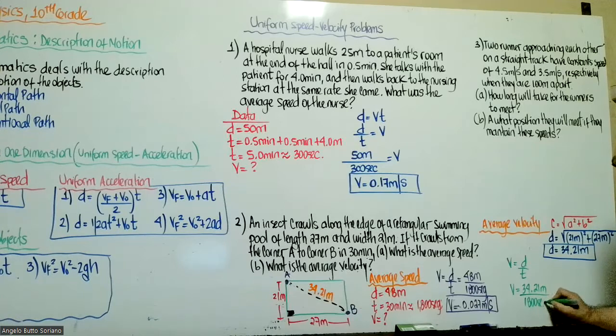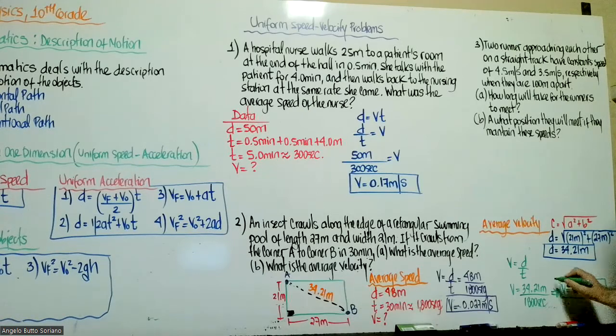1,800 seconds. For that reason, the average velocity will be given by 34.21 divided by 1,800. So the answer will be 0.019 meters per second.